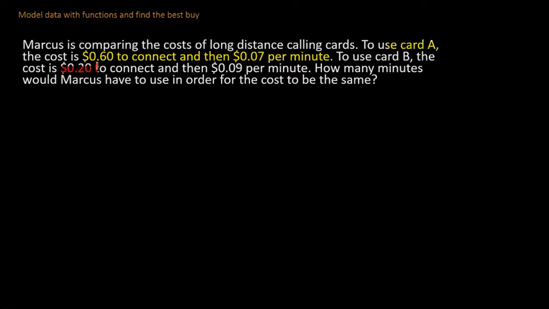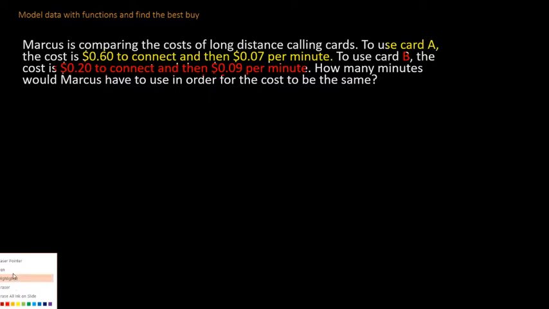It's only 20 cents to connect, but then it's 9 cents per minute after. And again, that's card B. We want to know, for how many minutes would Marcus have to use these cards in order for the cost to be the same on card A and card B?